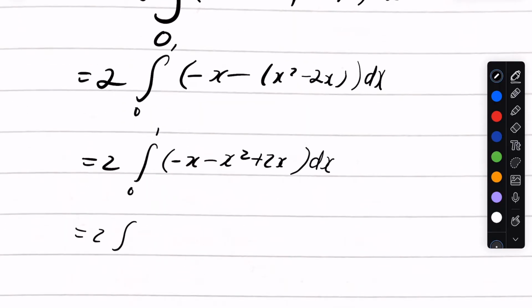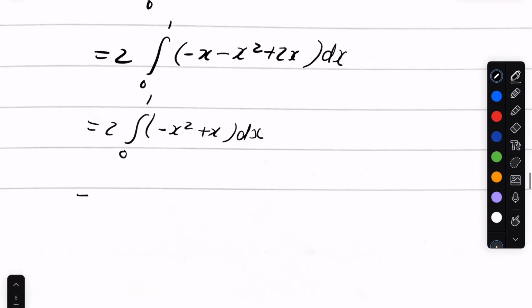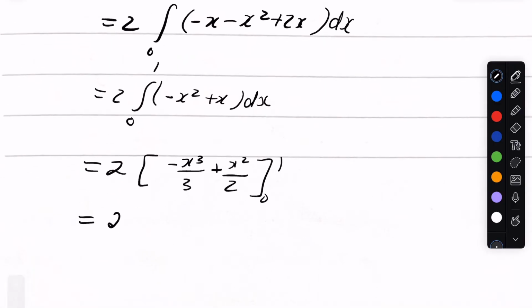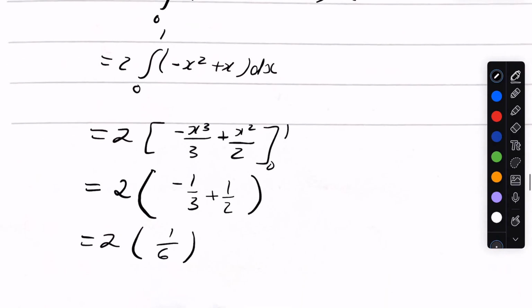That's 2 times the integral from 0 to 1 of -x squared plus x dx, which is 2 times -x cubed over 3 plus x squared over 2 from 0 to 1. And if you sub in 1, you get -1/3 plus 1/2 minus 0. That's 2 times 1/6. So it should be 1/3.